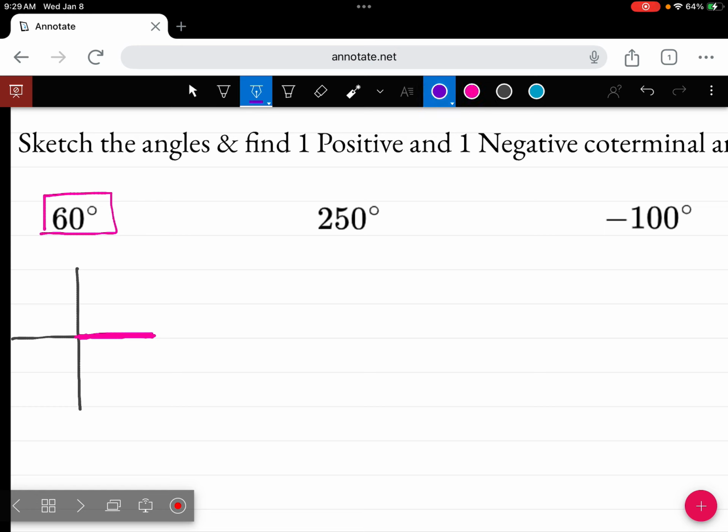Positive angles, we're going to go up. So 60 degrees is going to be in which quadrant? 1, 2, 3, or 4? 1. And it's going to be about 2/3 of the way. We're just kind of eyeballing it. We are not going to use protractors. We're not going to get anything out like that. So this is about 60 degrees.